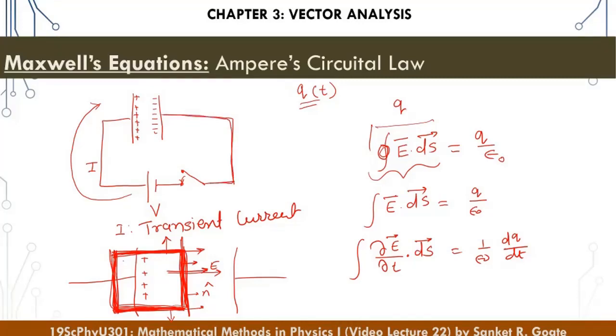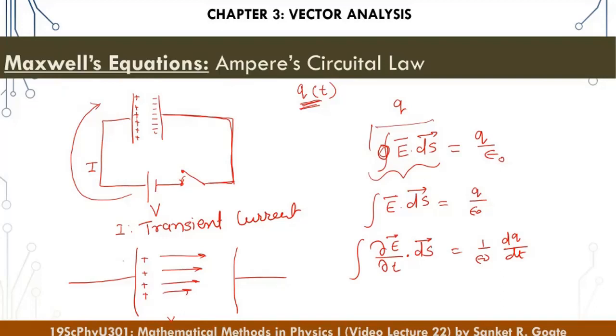It is just the current which is there because the electric field is changing. In this region, since the charge q is building, the electric field is increasing, and this dq by dt has the same dimensions as current, but it is not actual current produced due to flowing charges, but it is produced due to increasing electric field.